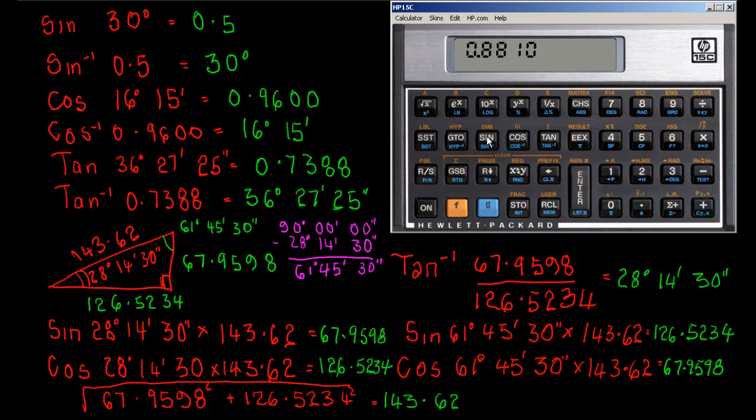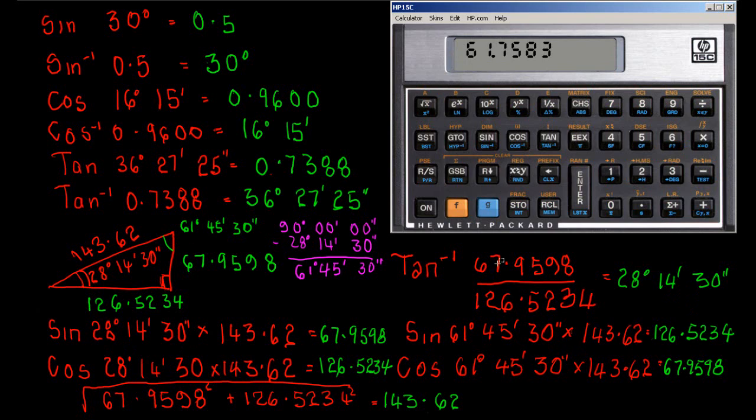So let's take sine, and then 143.62 times 126.5234. It's all good. It's there near agreeing. Let's do our xy. Oh, there's our 61.45 and just 30. So that's it in degrees, minutes and seconds.